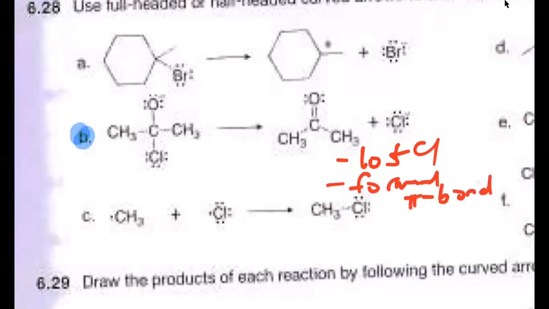Good. So the way you would show that is by taking a curved arrow and putting it here. We've already been exposed to arrows somewhat. Notice where I stopped it: between the carbon and the oxygen. That's telling me that I'm making a pi bond.